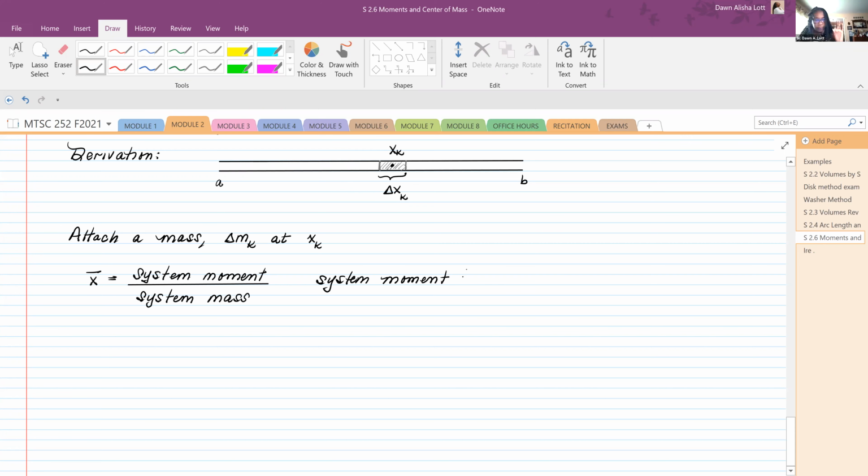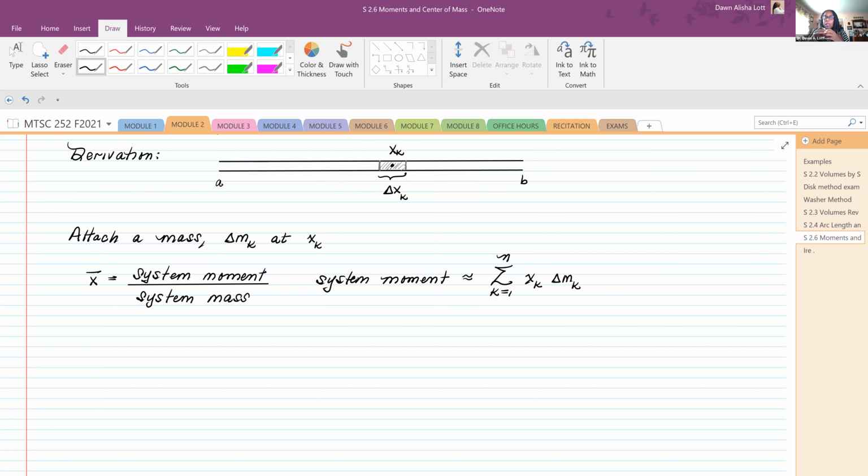We're going to approximate it just like we did before by the sum, k equals 1 to n, of the xk's, but this time multiplied by a mass delta mk, because that's the mass attached to that one little space.